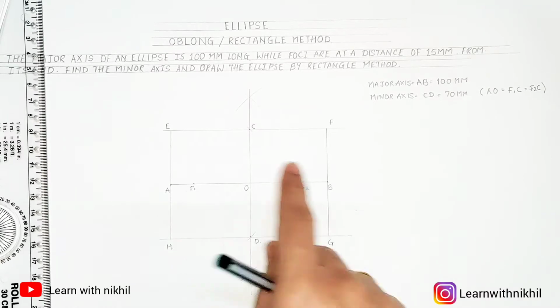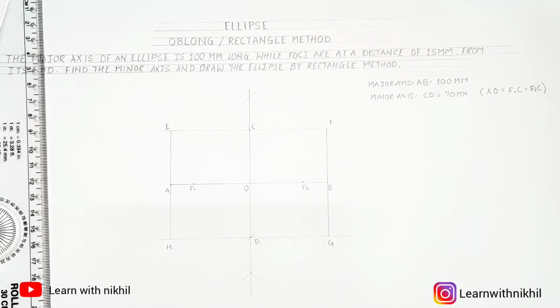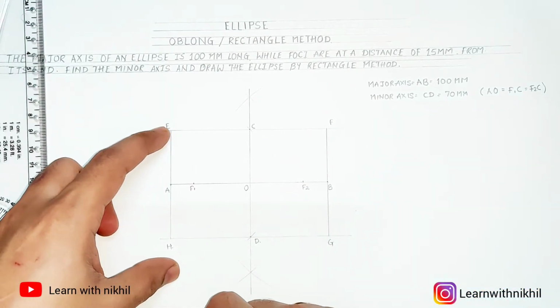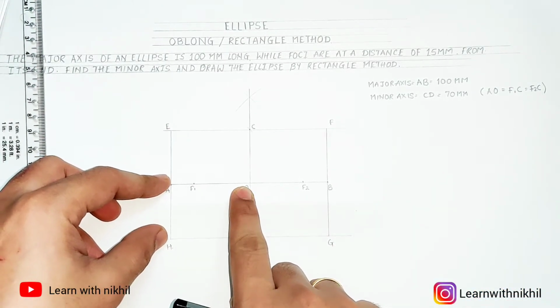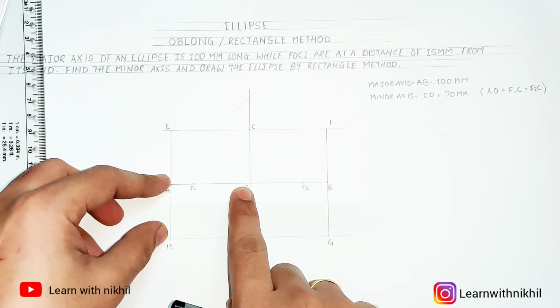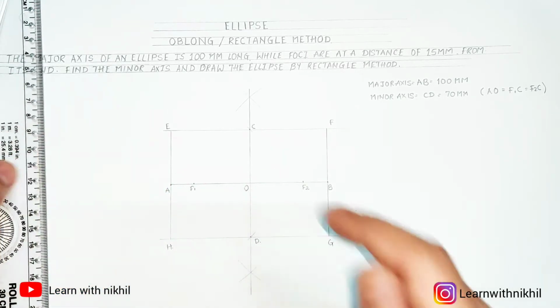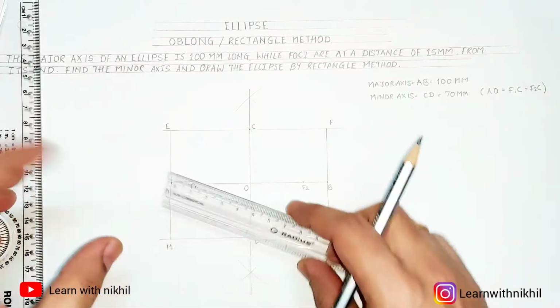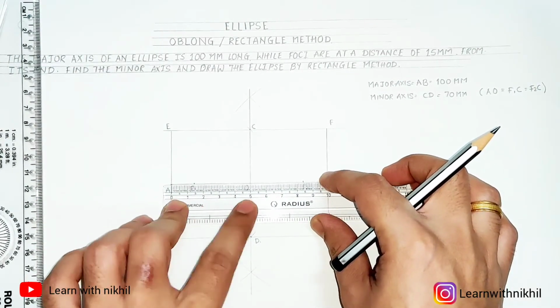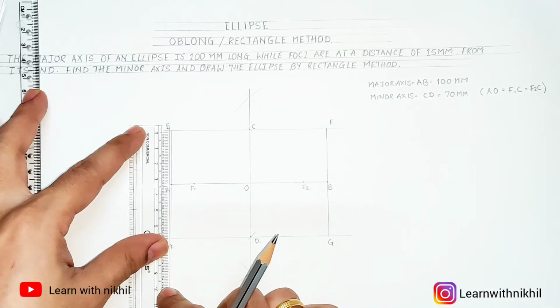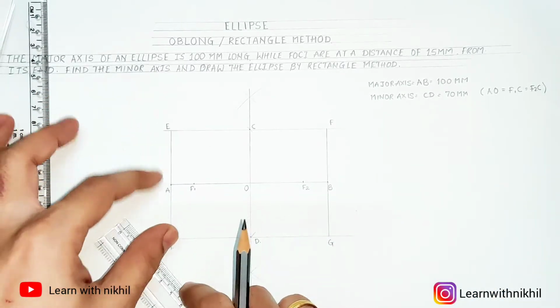Now we have to construct an ellipse. So for that we have to divide the line AO and EA into the same equal number of parts. So if we are dividing AO into 4 equal parts, we'll divide AE also into 4 equal parts. Now AO distance is 50 millimeters.